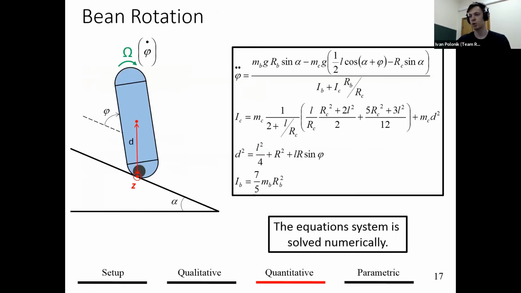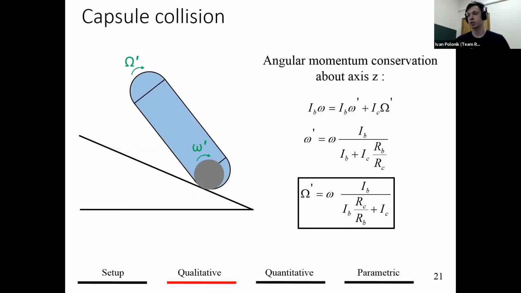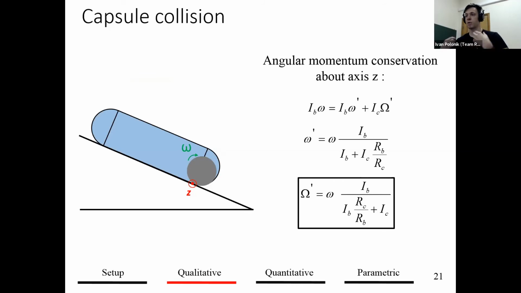Of course, over the time of the system's motion, angular momentum changes. But because the collision happens very fast, and all the forces cross that axis, we say that the angular momentum is conserved during this collision, but not for all time.